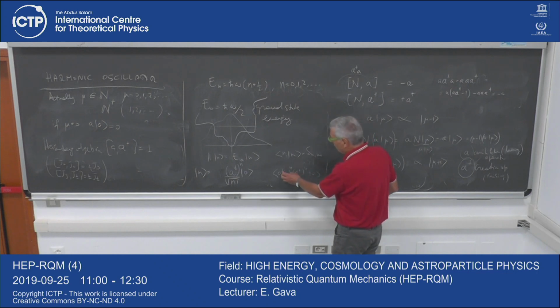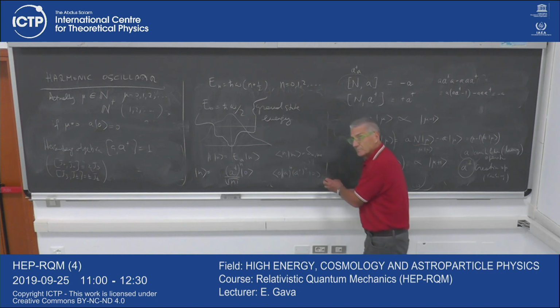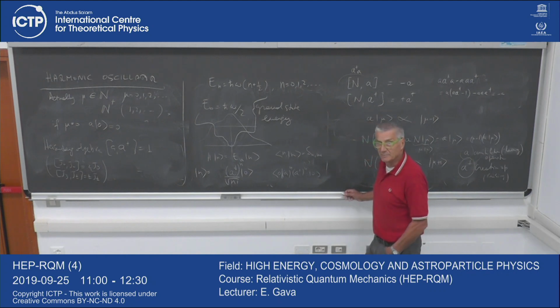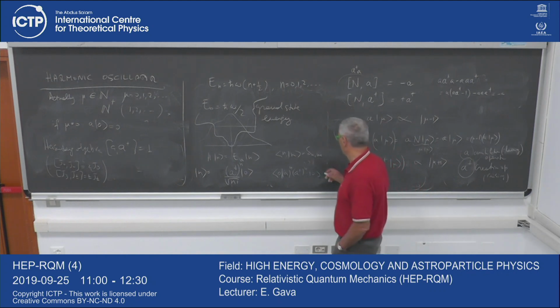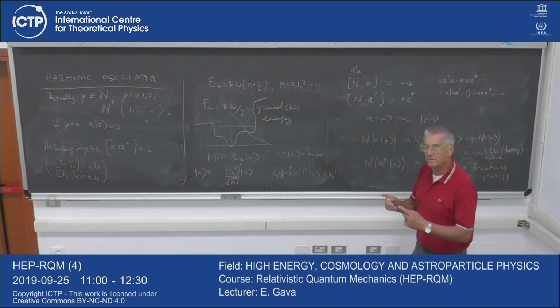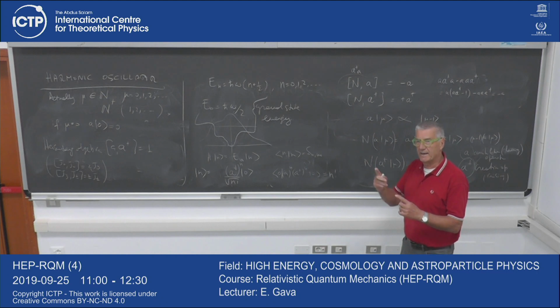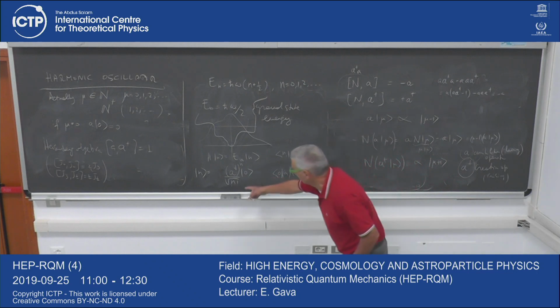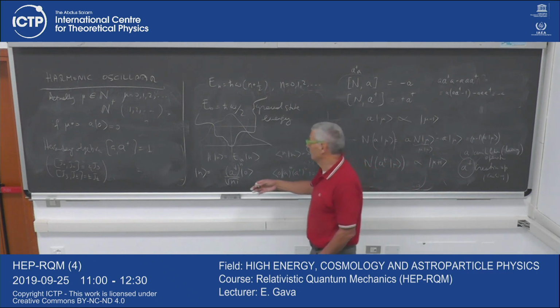And so you have to move all these a's to this side, but something remains, right? And what remains is an n factorial, right? Because the first time you get n, the second time you get n minus 1, and n minus 2, and so on. This makes an n factorial if you collect all the terms. And so you have to divide this by the square root of n factorial in order for this to be normalized to 1, right?